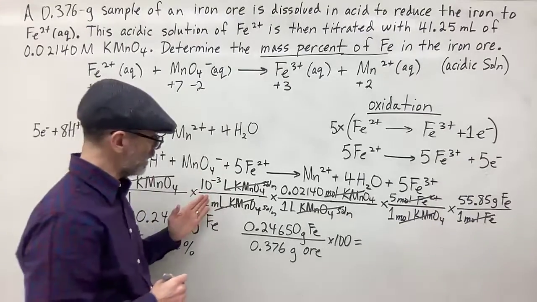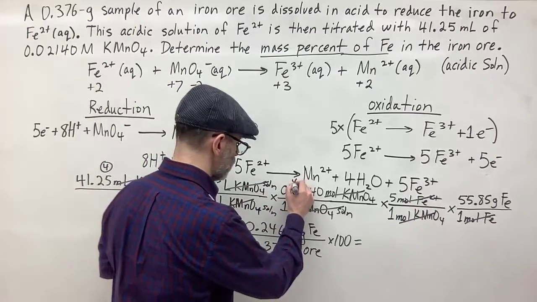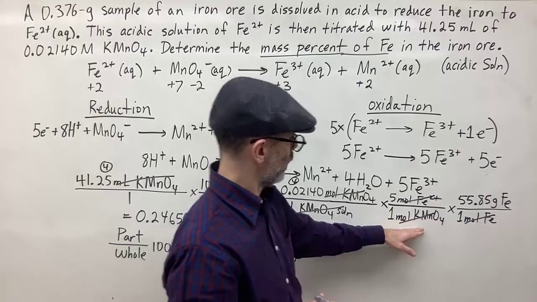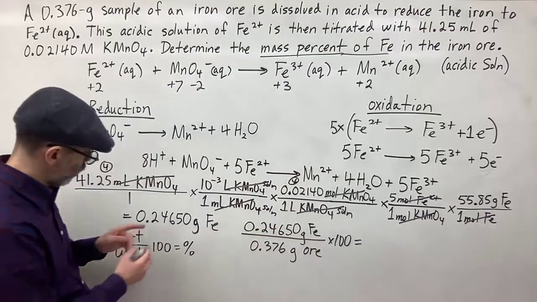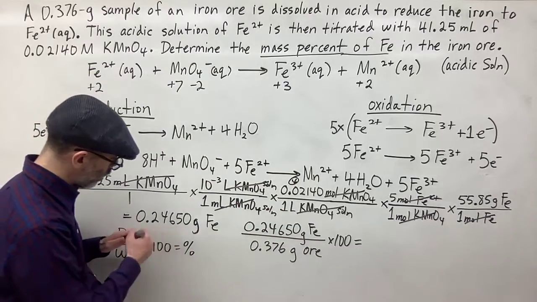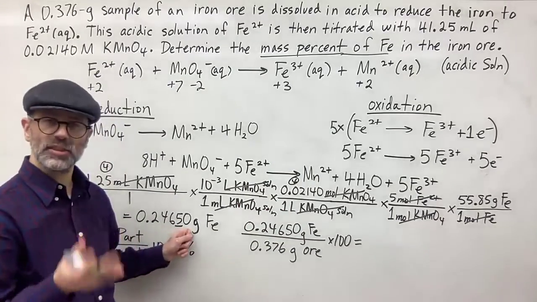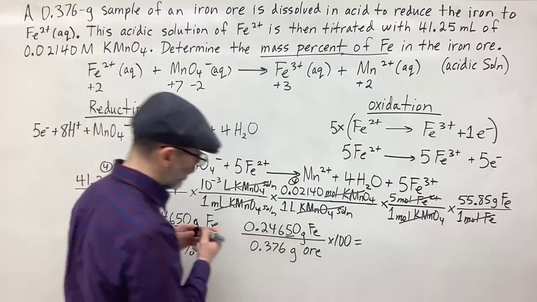This is exact, so ignore that. Here I have 4 sig figs. This is exact, so we're going to ignore that. And here I have 4 sig figs. So 4 is the least number, so I should have 1, 2, 3, 4. I keep an extra digit just to avoid rounding errors, so I'm going to underline the 5 here.